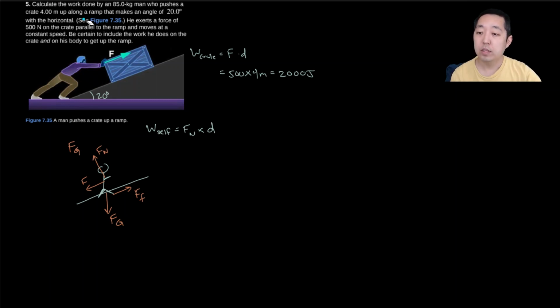Okay. So now, what is the work he does on himself? This is an interesting question, because it's sort of like, well, what force is he doing on himself? Be certain to include the work he does on the crate and on his body.